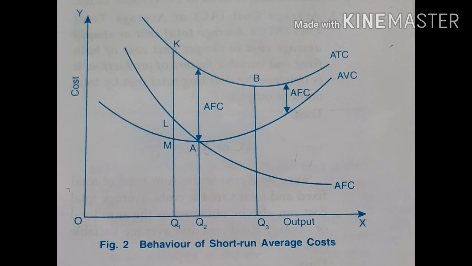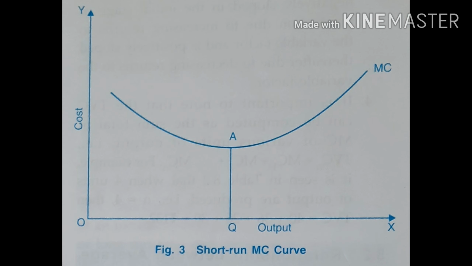So the next part is the marginal cost. Marginal, you already know the concept. Marginal cost is the additional cost. Now the marginal cost curve is also U-shaped. The diagram is given. It is very simple. You can see over here. Now for marginal cost we have to see certain things: marginal cost has nothing to do with the fixed cost. We have talked about it in the total concept also, that marginal cost is the cost of the additional factor of production.